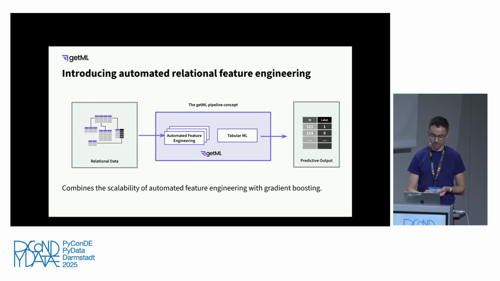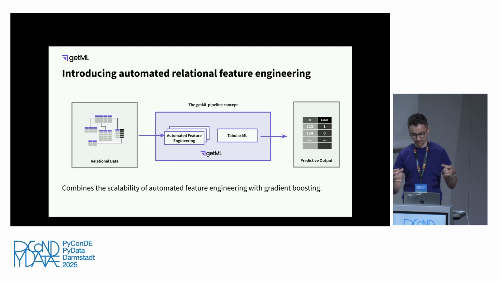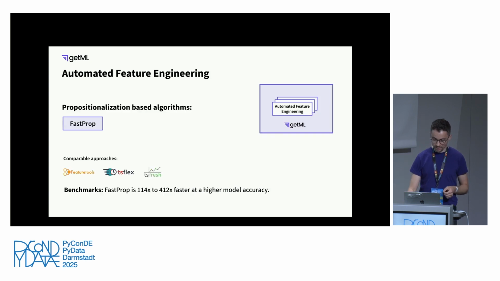So it's basically a solution for finding the right features quickly together with classical gradient boosting, XGBoost, that we have implemented in a single getML prediction pipeline, so that we can really build an end-to-end model where we specify the relational schema on the one hand side, the target on the other hand side, and just can train it in one go. We have developed different algorithms for this automation of feature engineering.